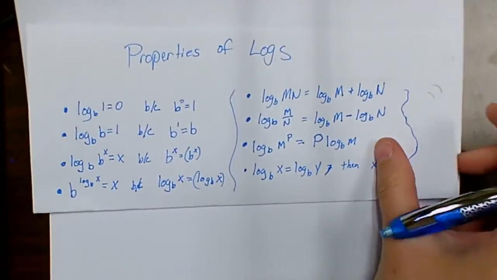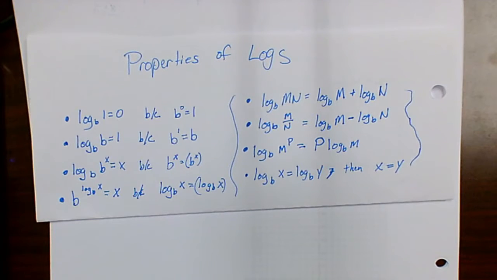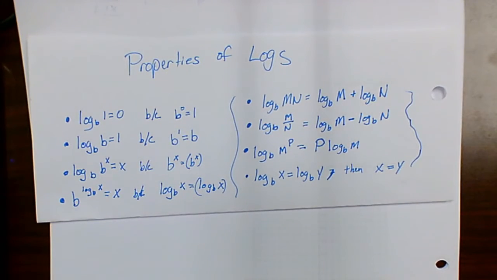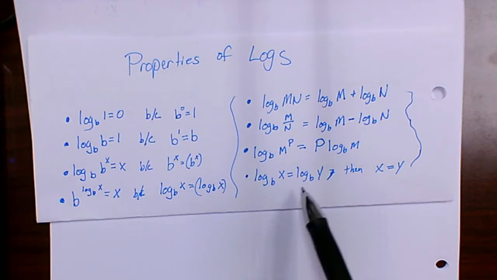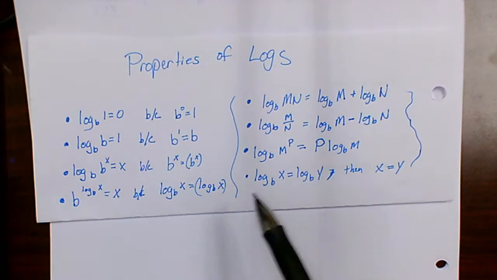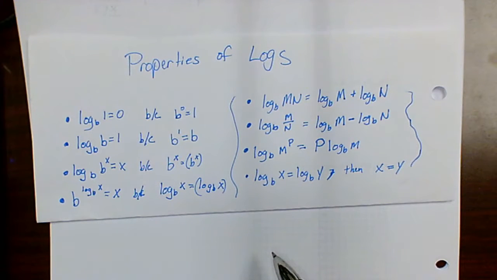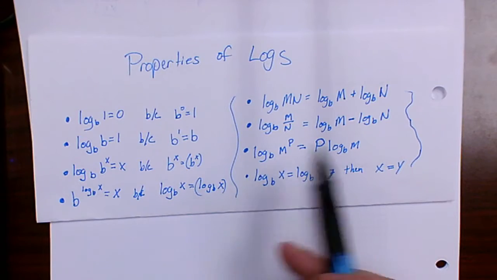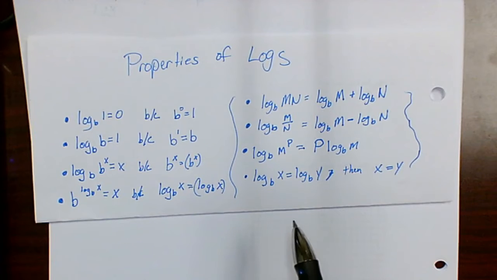Okay, so going back to the properties of logs, again, the first 4 are your basic properties, and then your last 4 are your product, quotient, power, and then solving for logs. So we will do several different things. It's kind of hard to teach which one to use and why. You just have to look at what you have and see what you can do with it.